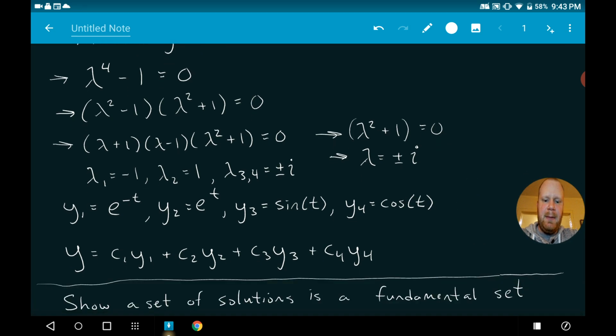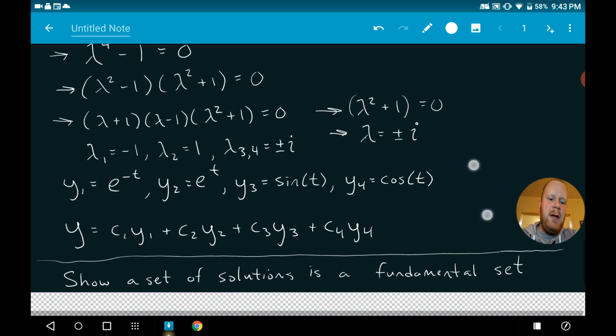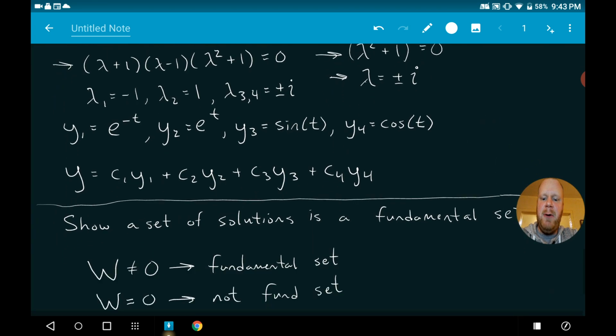So if you think about how we showed that a set of solutions was a fundamental set for second order differential equations, back when we did that, we found the Wronskian. And it turned out that if the Wronskian was not equal to 0, then the set of solutions was a fundamental set. And when the Wronskian was equal to 0, then it's not a fundamental set.